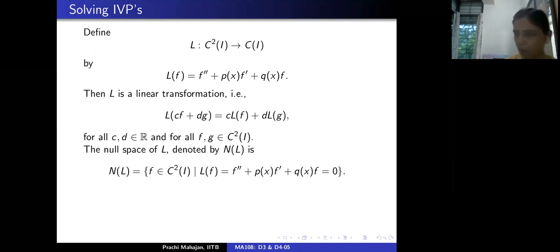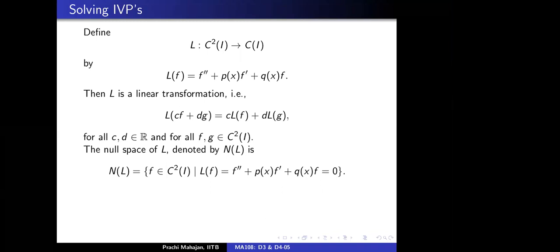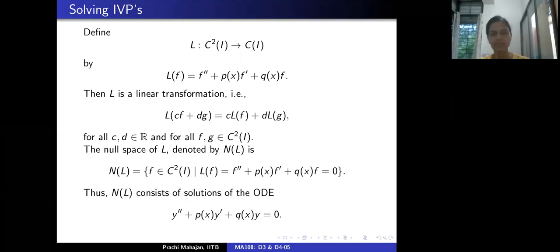So this differential operator, when it applies to f, gives 0. Correct? Is that okay? Now, how is all of this related to what we are discussing comes next. Please note that the null space of this linear transformation L is exactly the solutions of the ordinary differential equation d²y/dx² + p(x) dy/dx + q(x) y = 0. Is that okay?